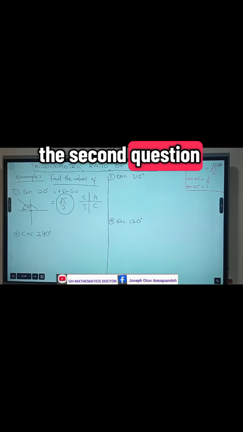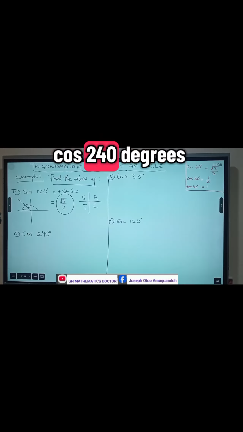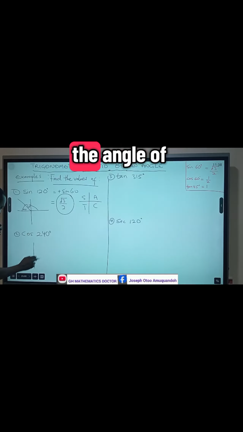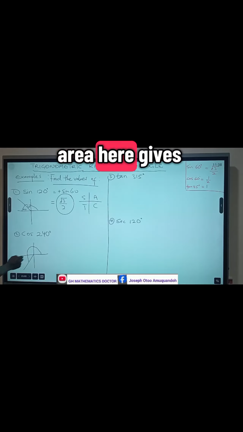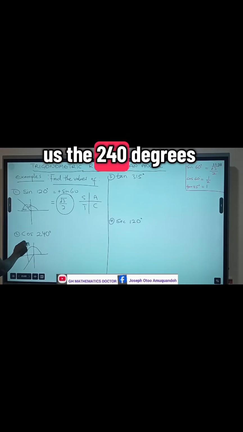Let's look at the second question. So we have cos 240 degrees. First of all, let's sketch the angle of cos 240 degrees, and the 240 degrees will be at the third quadrant. So all this area here gives us the 240 degrees.